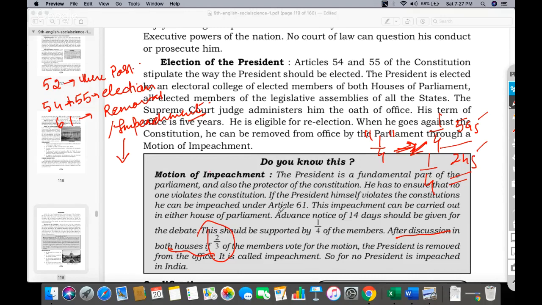Only when two-thirds of the members vote can the president be removed. Otherwise, he cannot be removed. So removal of the president is not that easy.